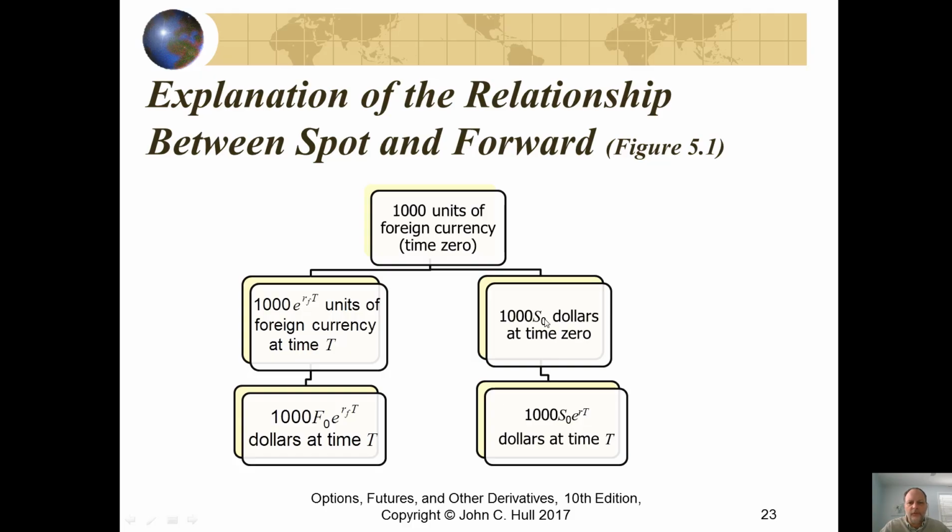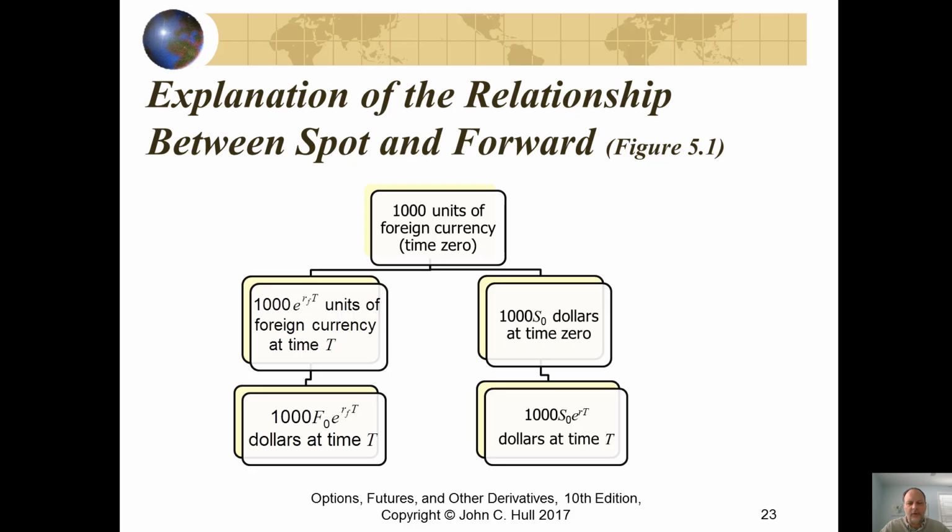Since this is a risk-free transaction, this is a risk-free future amount, and the only possible risk on this side would be possible default on the future or forward contract. If this is a future on an organized exchange, they have never defaulted, so both of these, both the left and the right, are basically risk-free transactions for the future value, and if they are both risk-free, they both have to be equal.